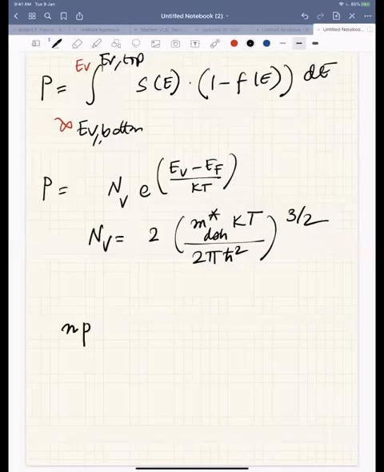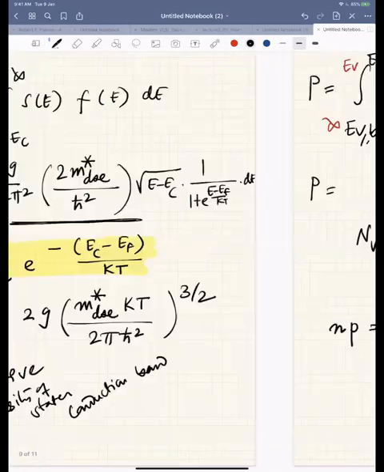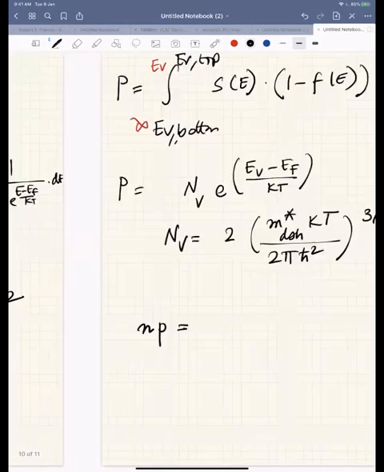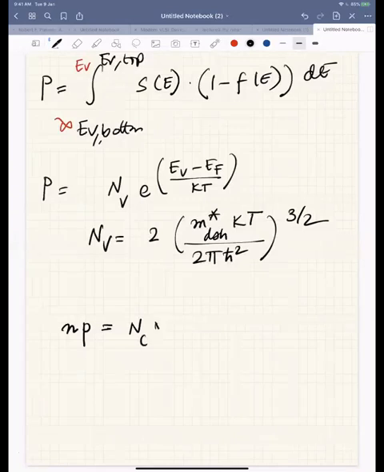Then if you multiply n into p in this equation, where I have derived n and p, that will be NC times NV times e to the power minus EC plus EF plus EV minus EF by KT.